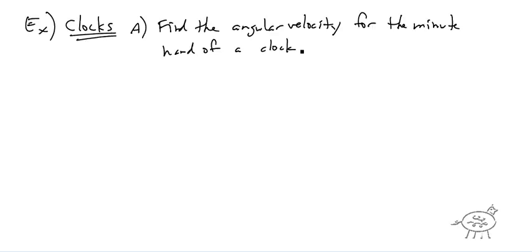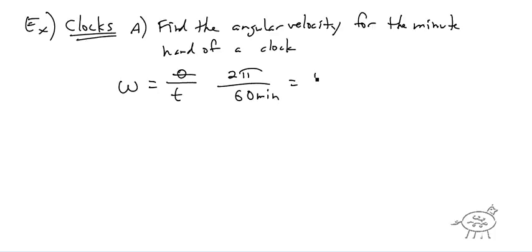Okay, so angular velocity, we know that's omega equals theta over t. We could say it's 360 degrees around, but just think about it. I'm going around the clock, so what's theta going to be? Theta is going to be 2 pi. I'm going to convert it right away into radians. Why do degrees? So it's 2 pi over 60 minutes.